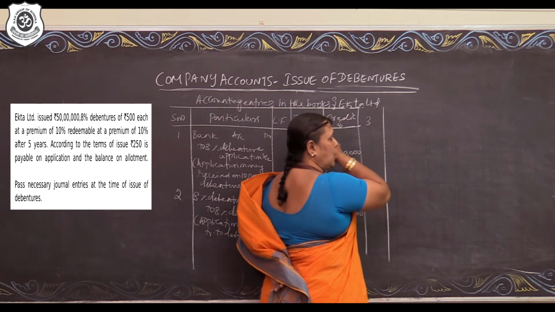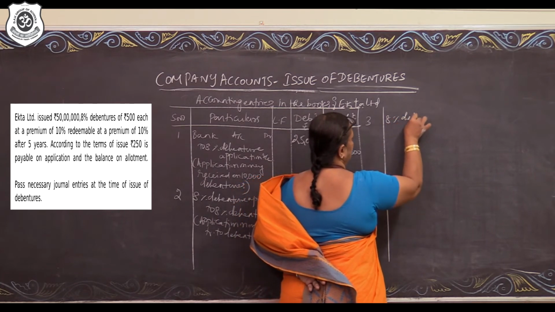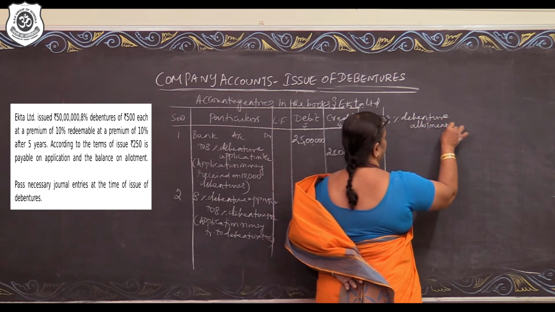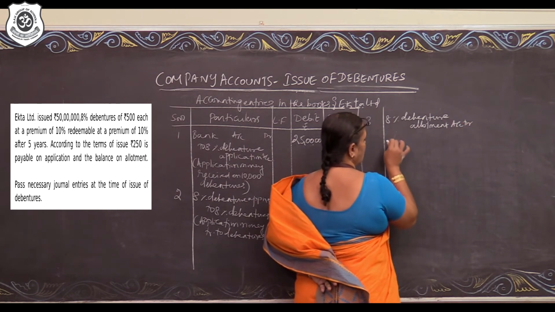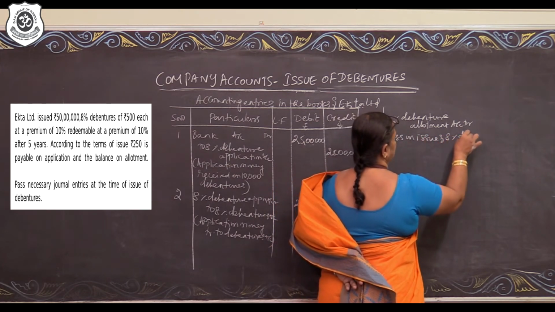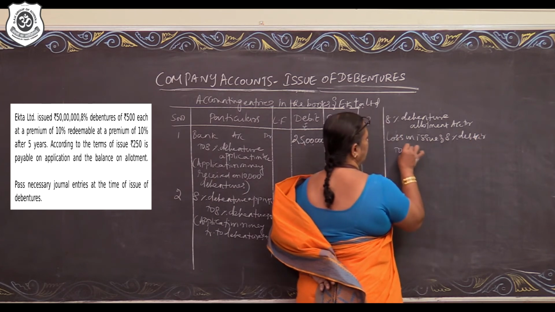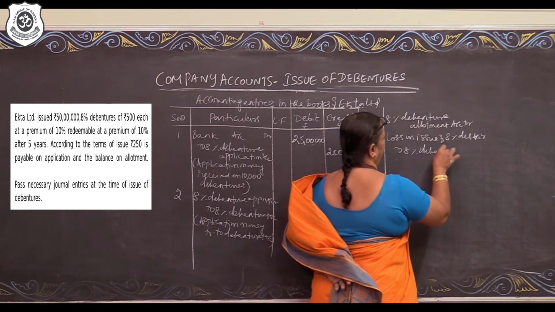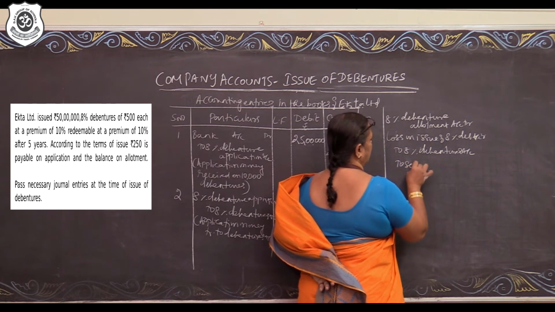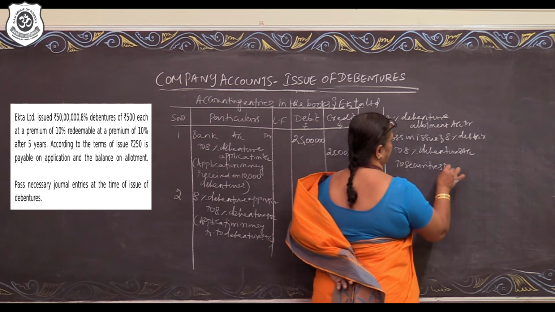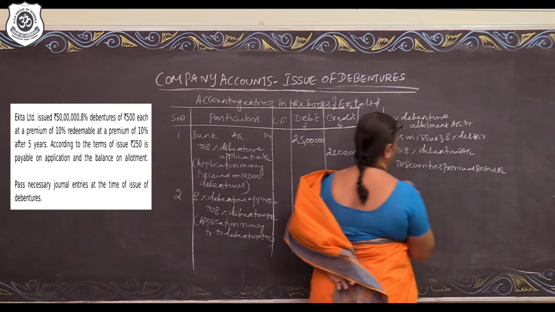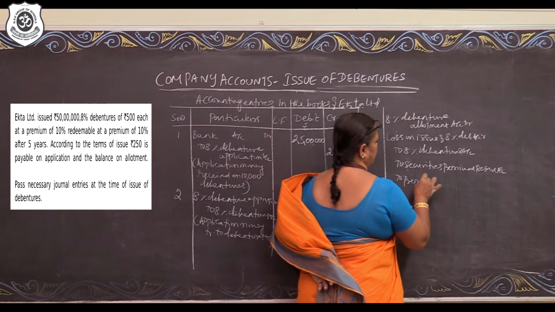Entry for making allotment due will be 8% debenture allotment account debit, loss on issue of 8% debentures account debit, to 8% debentures account, to securities premium reserve account, to premium on redemption of debentures account.